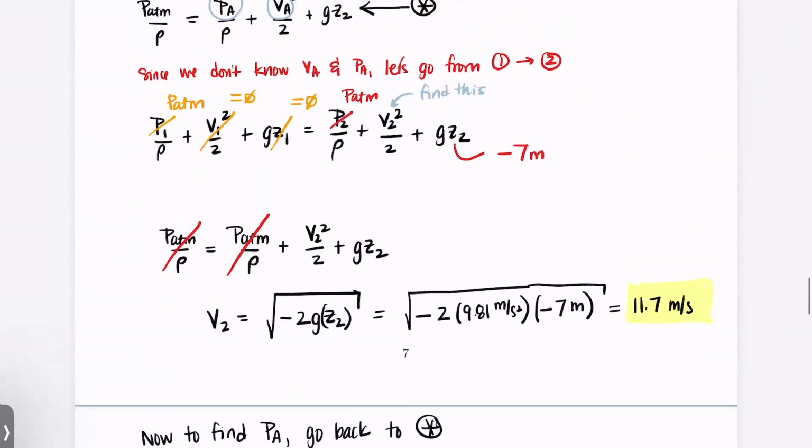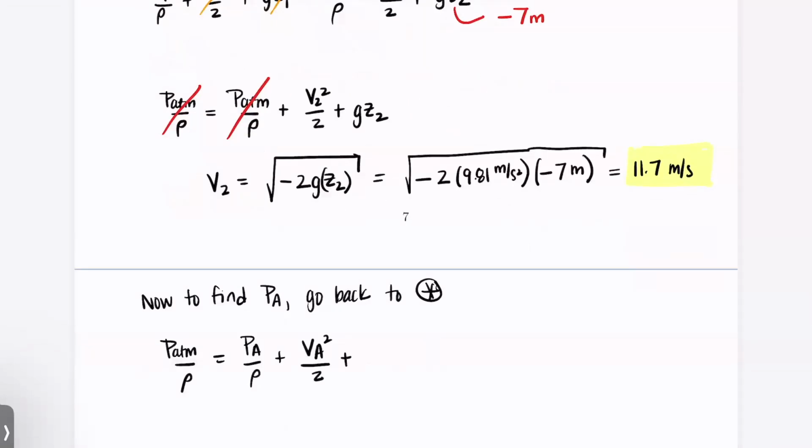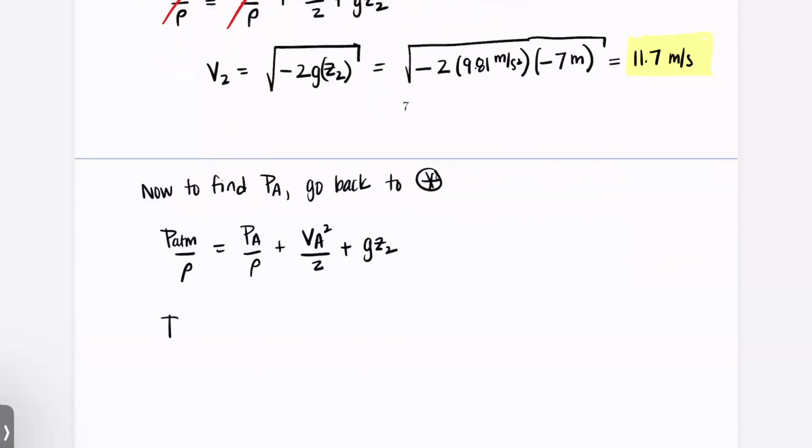So we have that P atmosphere over rho is equal to PA over rho plus VA squared over 2 plus GZ2. All right, I'm going to solve this for PA.